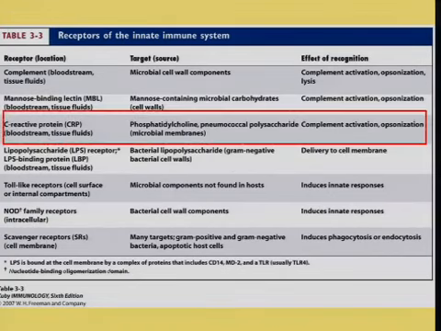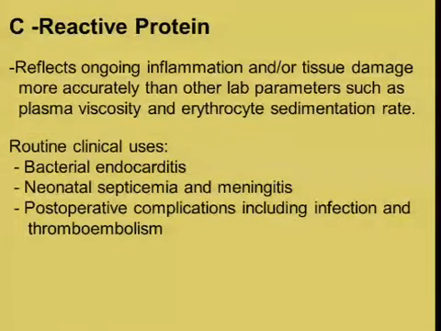Now, one of the acute phase proteins, there are different ones, is C-reactive protein. C-reactive protein is a protein that is used nowadays to reflect ongoing inflammation, and it is used as a diagnostic value to detect potential inflammation. It's a protein that prepares a little niche for complement to be activated.